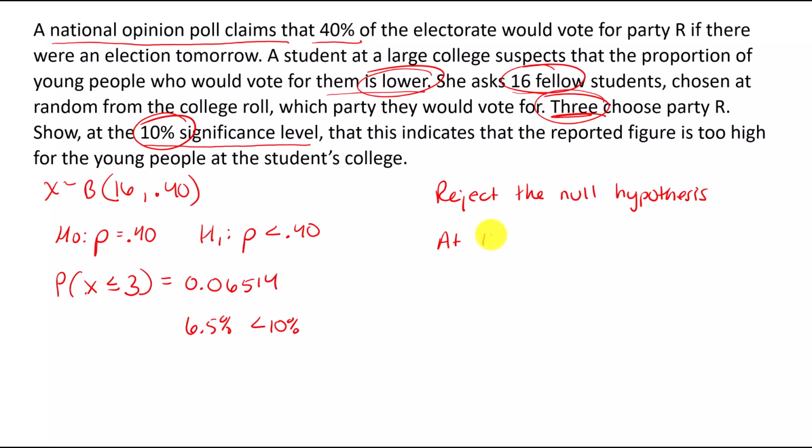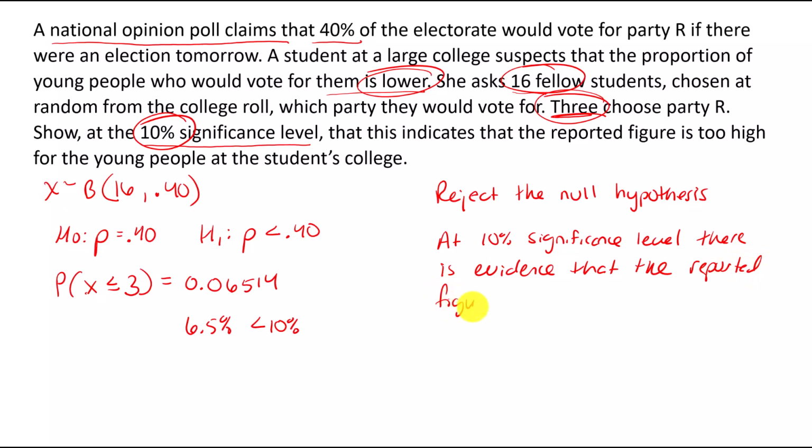So at the 10% significance level, there is evidence that the reported figure is too high, let's say for young people at the student's college.